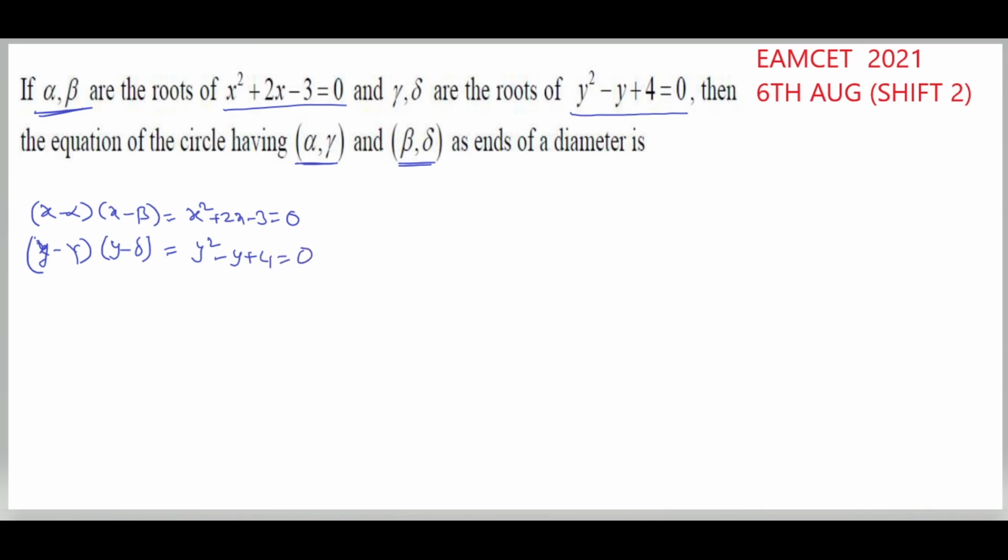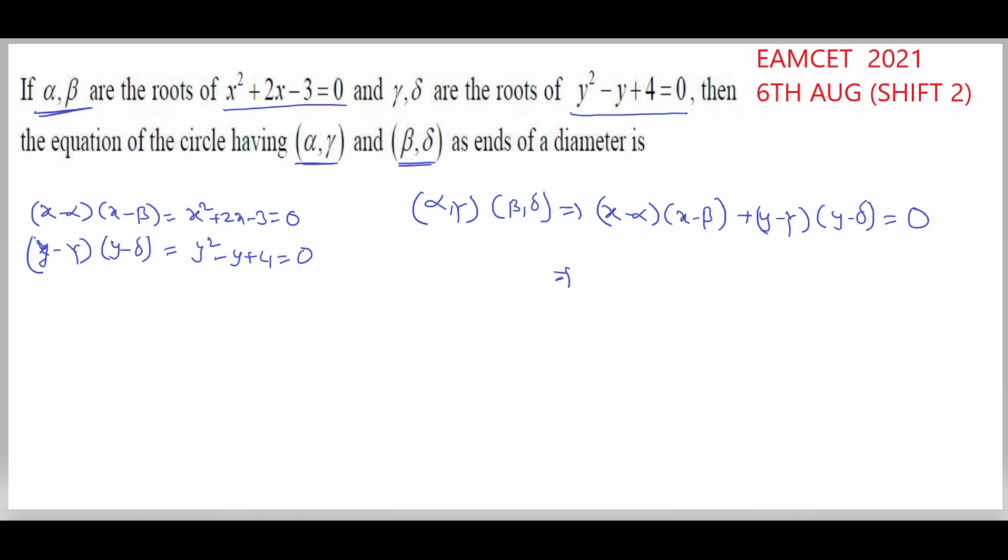And the equation of the circle having alpha, gamma and beta, delta as the ends of a diameter is x minus alpha into x minus beta plus y minus gamma into y minus delta is equal to 0.